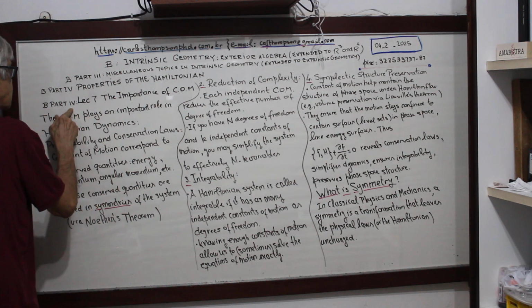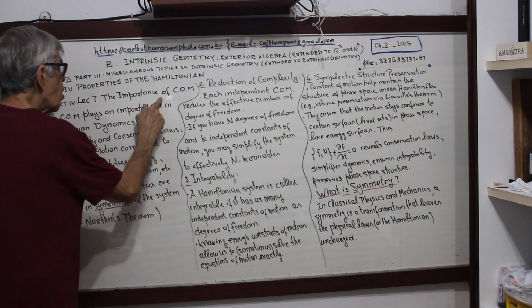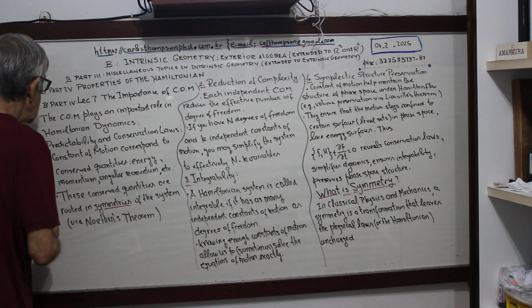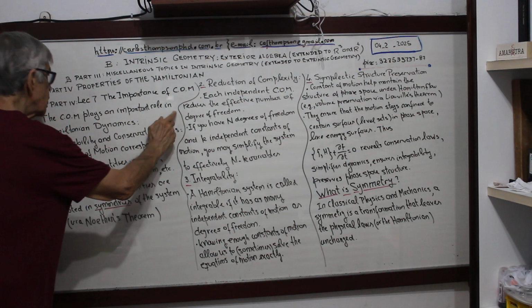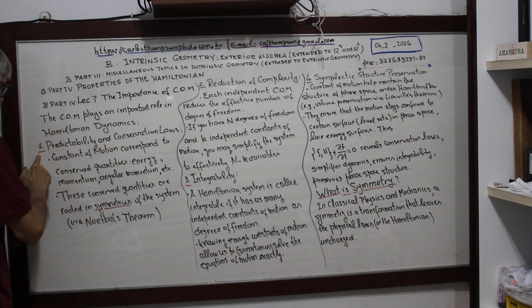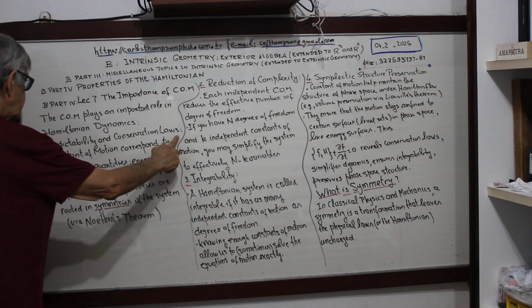Now, part 4, lecture 7, the importance of the constant of motion. It's very, very important. The constant of motion plays an important role in Hamiltonian dynamics. Number 1, predictability and conservation laws.